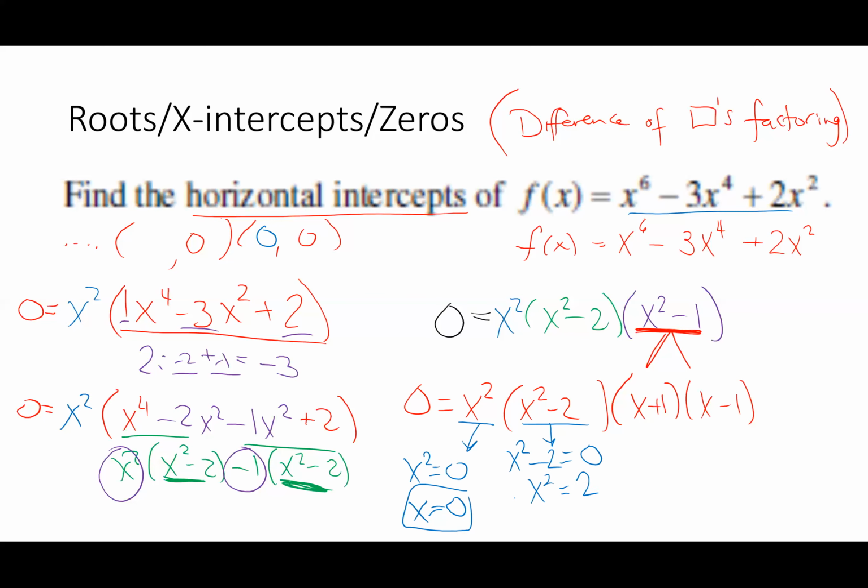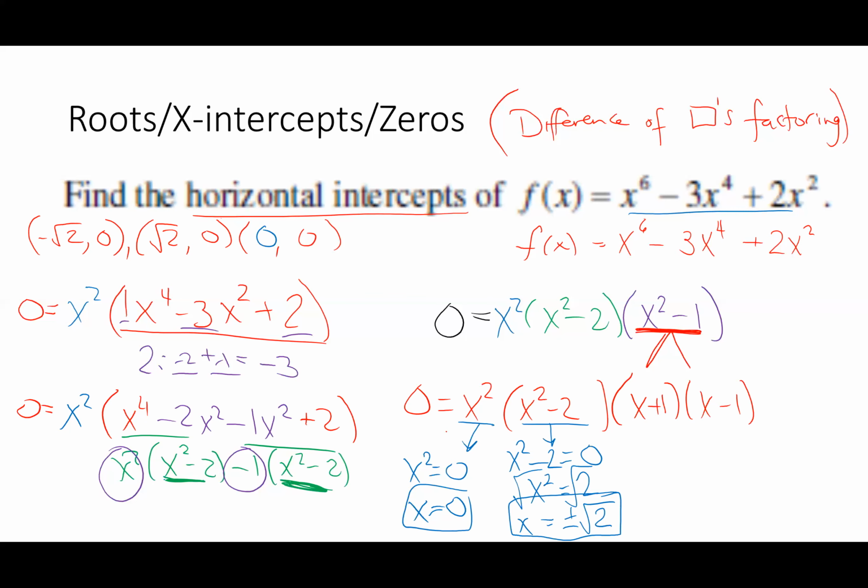When I take the square root of both sides, I have to remember a plus or minus. So I get x is plus or minus the square root of 2. So now both of those are going to serve as x-intercepts. So I've got square root of 2, 0, and negative square root of 2, 0.